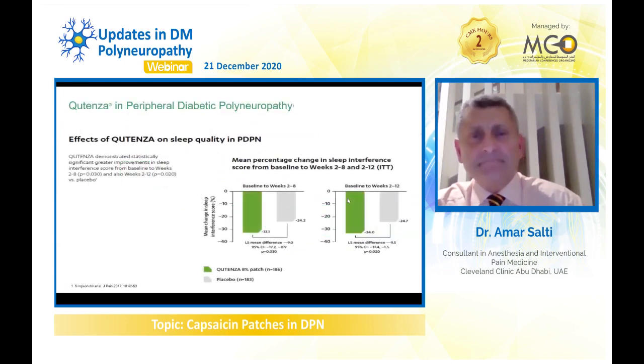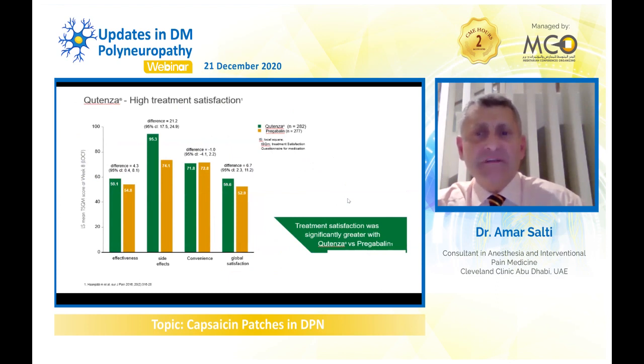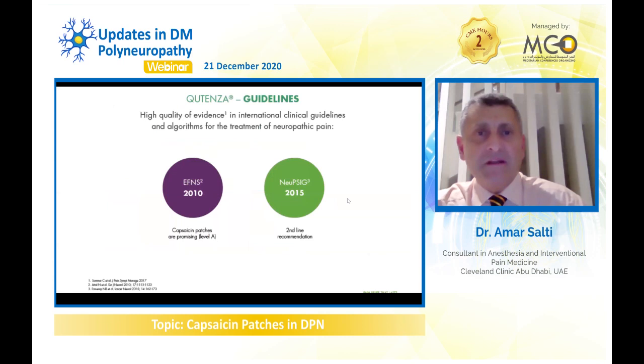Qutenza also affects the quality of sleep in painful diabetic polyneuropathy, shown from 0 to 12 weeks of treatment. Treatment satisfaction was significantly greater with Qutenza compared to pregabalin in this paper, showing that patients are satisfied with the efficacy and with the reduction of side effects compared to pregabalin.